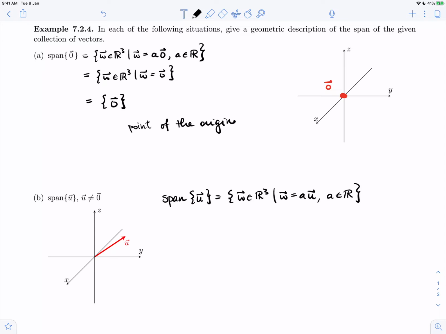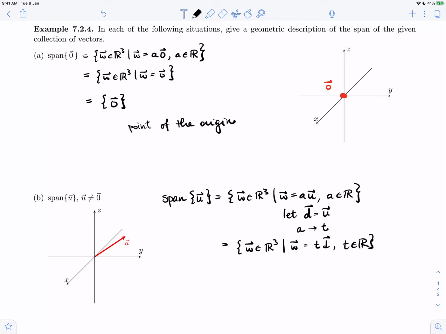And you actually know what this is. If we were to rename things, let's say that I chose to let my vector be called d instead of u. And instead of a scalar being called a, why don't I replace that with t? In other words, I could say that this is the set of all vectors w in R3 such that w is equal to t times d for any t in R. Does that look more familiar?